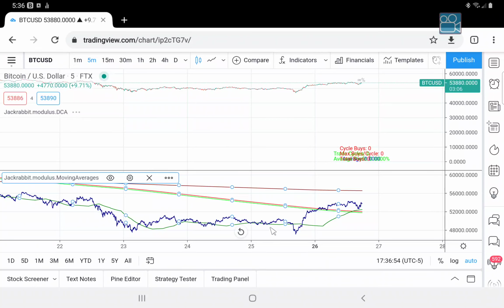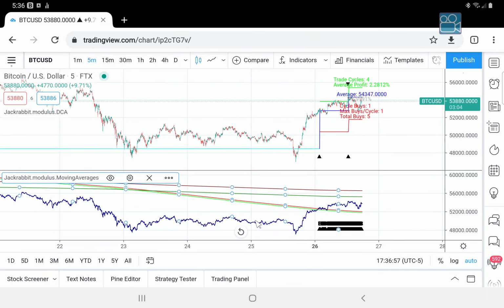Let's set everything so we have all of the bars right. And now that we have everything lined up properly, you'll notice we only have 1 trade per cycle and only 4 trade cycles. Notice that the entire drop is completely missed, but yet it found an entry and a profit.